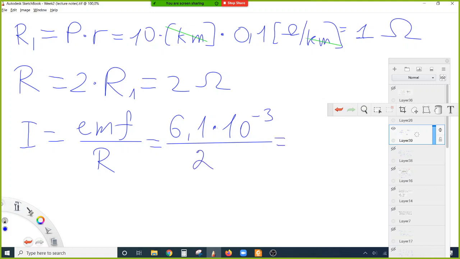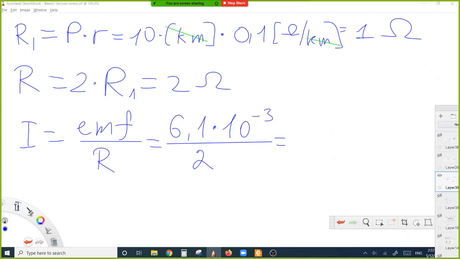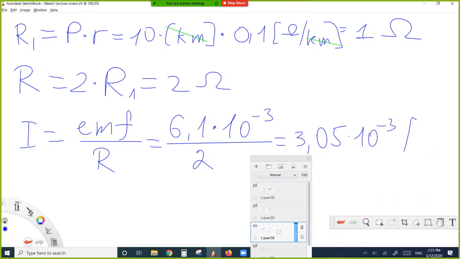This is equal to 3.05 times 10 to the minus 3 amperes. So the current which flows at the beginning of the motion of trains is equal to 3 milliamperes.